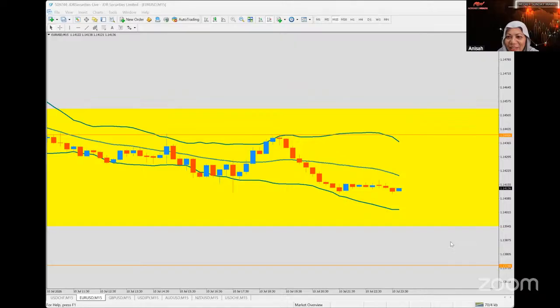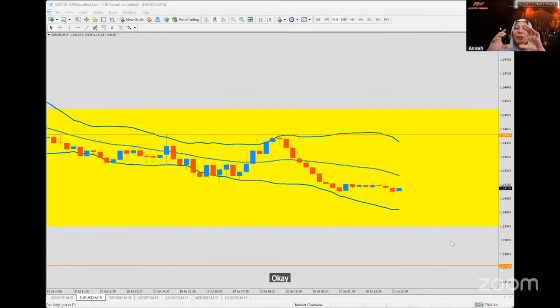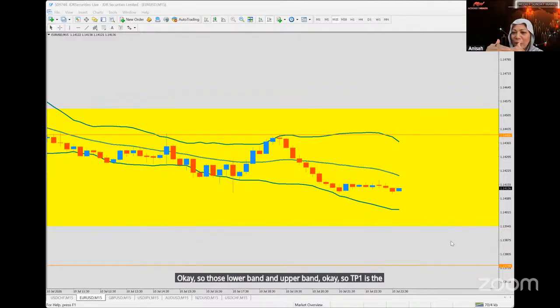Gold. Ray, sorry. How do you determine TP and stop loss? Okay, Ray, basically my TP and stop loss is either the top BB or the lower BB, the upper band line or the lower band line. TP1 is the time frame that you trade.